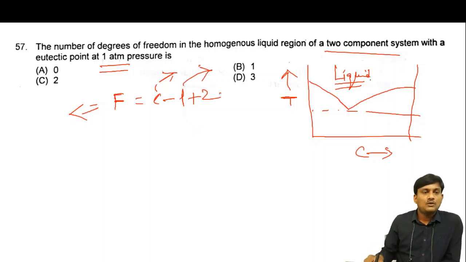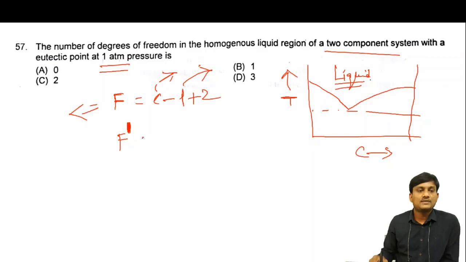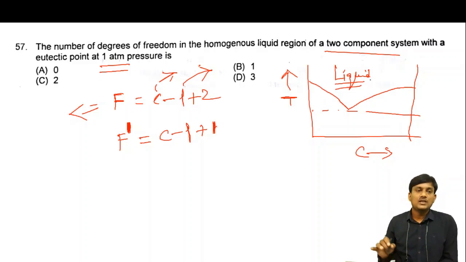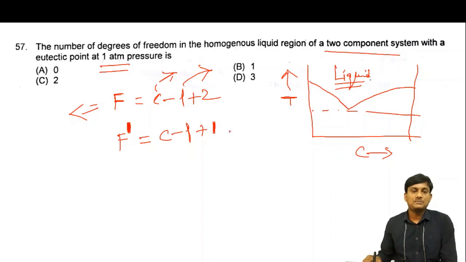But when one degree of freedom is fixed, here the pressure is fixed, 1 atmosphere, you have to use the reduced phase rule equation, that is C minus P plus 1. There is a reduction of 1 degree of freedom due to fixing of pressure. So F dash is equal to C minus P plus 1.